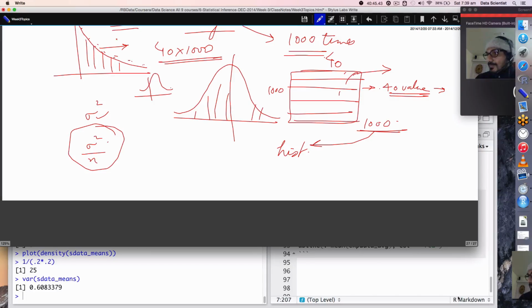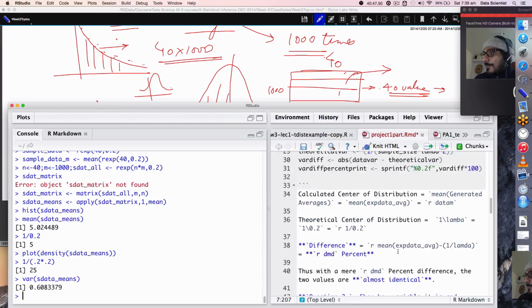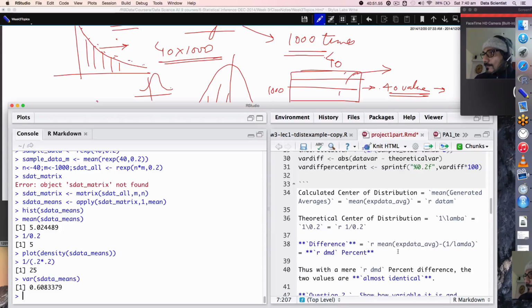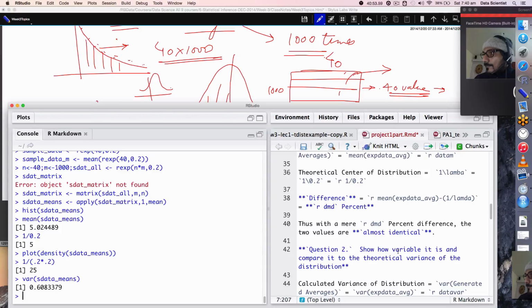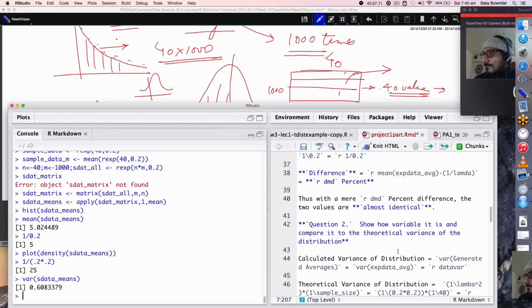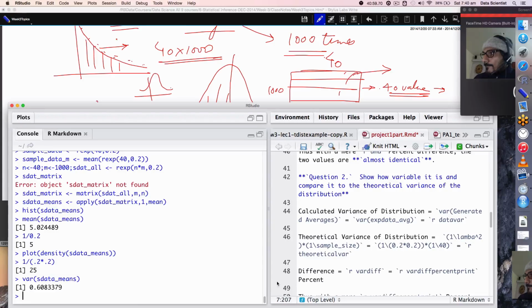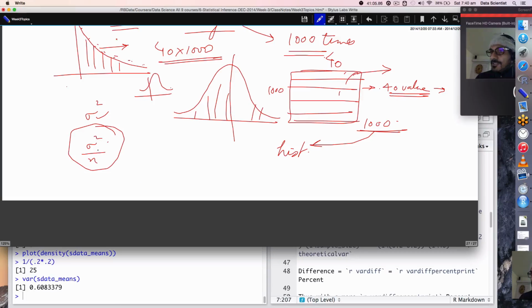So if you were to look at that, first we look at the population, right? So that will be sigma square divided by n, right? Now sigma is given as 1 upon lambda, right?